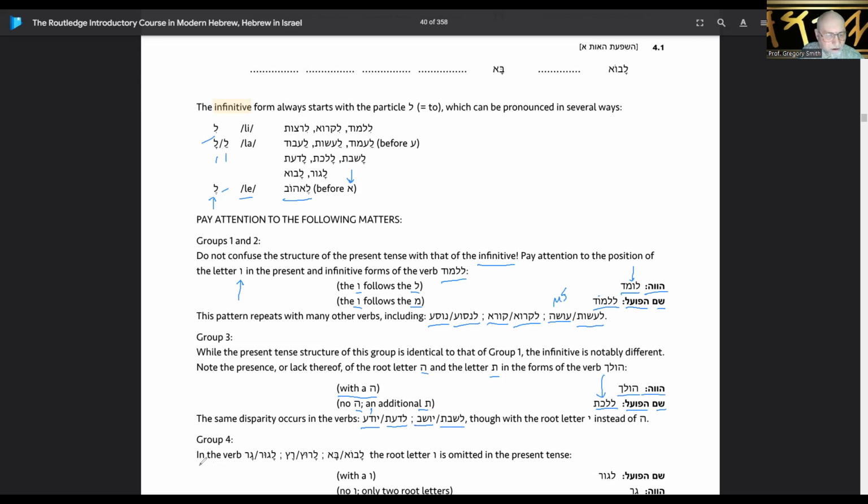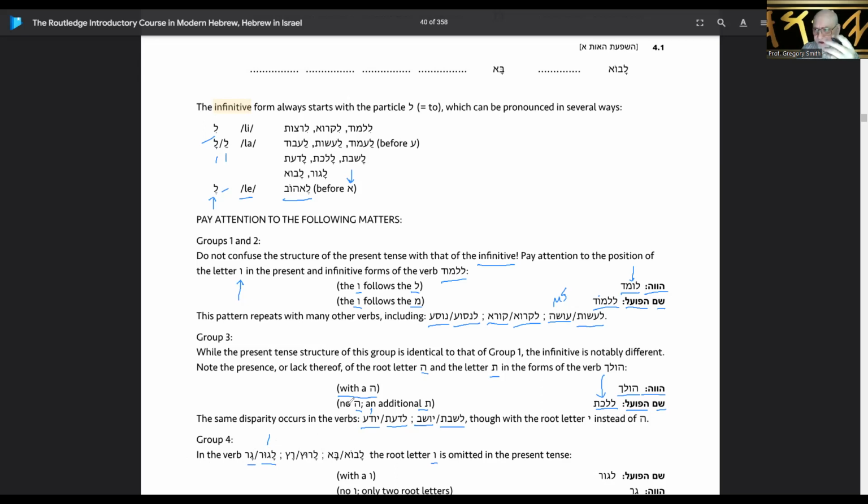Okay, so let's see here. In the verb lagur and gar, the root letter vav is omitted in the present tense. Okay, so I guess what they're getting at here is that when you look at the shoresh form, you usually have all three letters represented in the root.